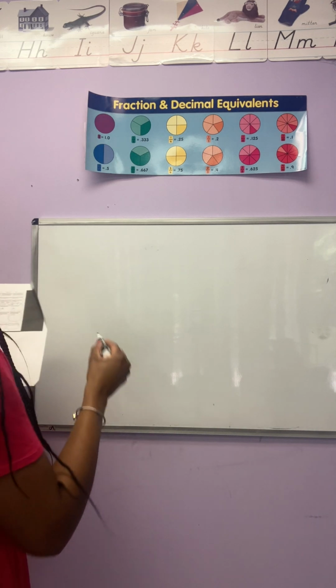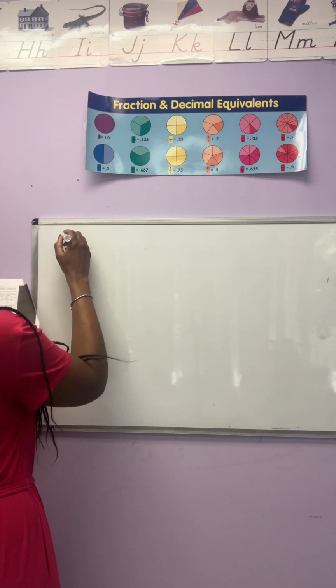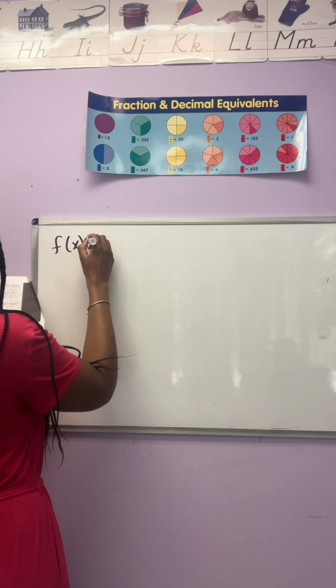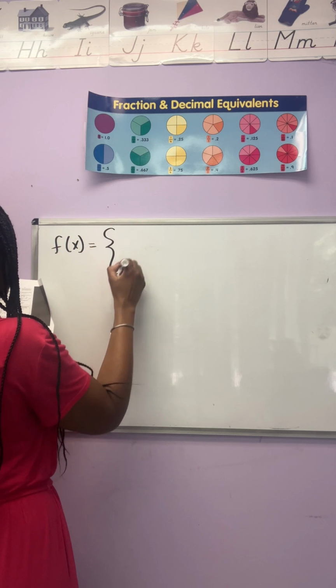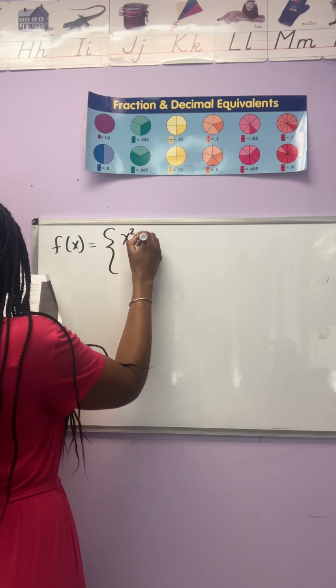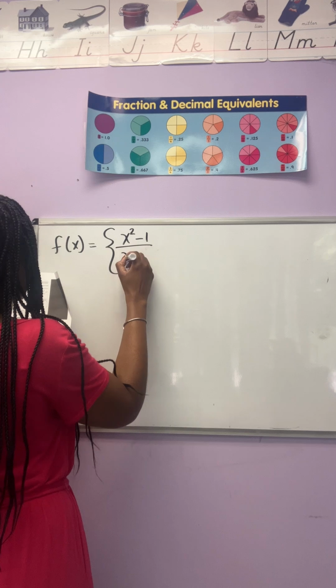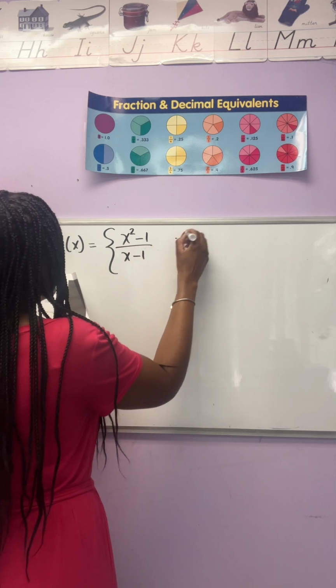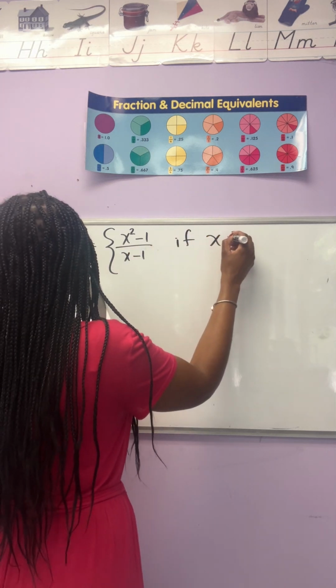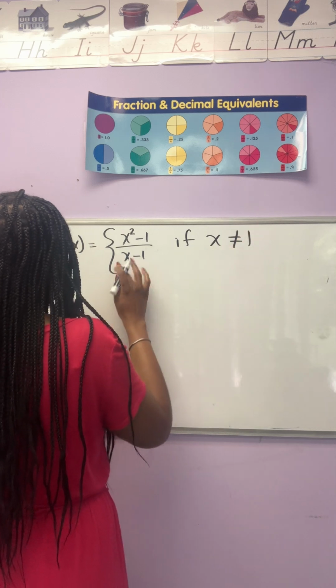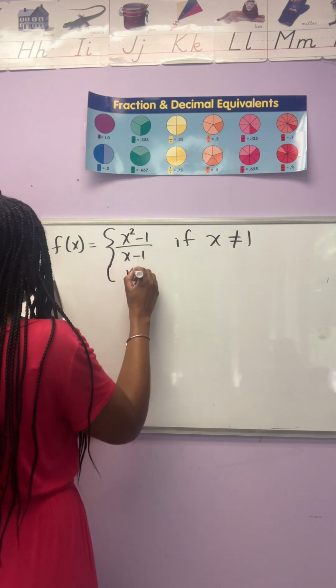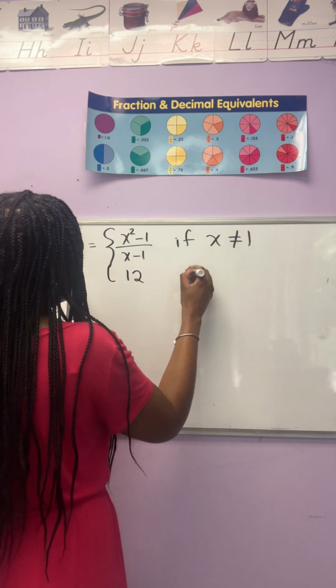Okay, here's another one like that. So we have f of x equals x squared minus 1, and I think it's over x minus 1 if x is not equal to 1, and then it's just 12 if x is equal to 1.